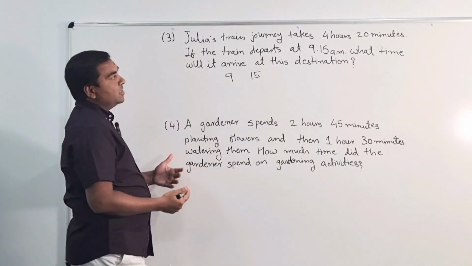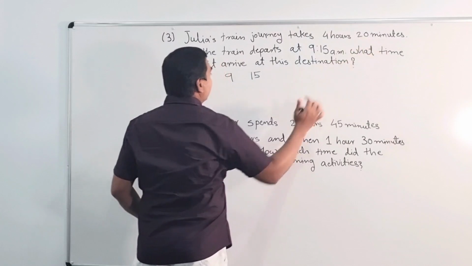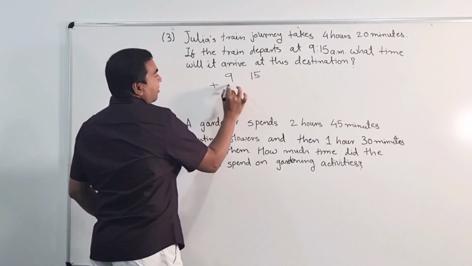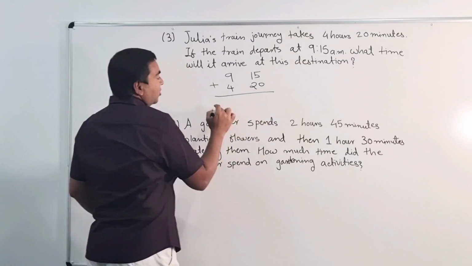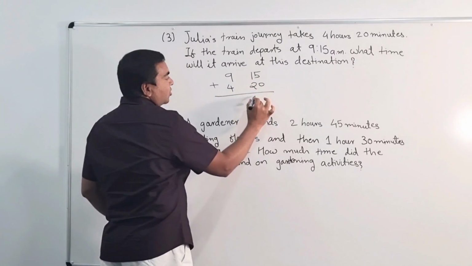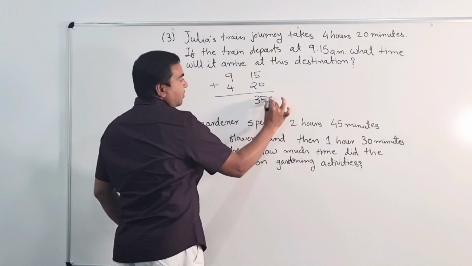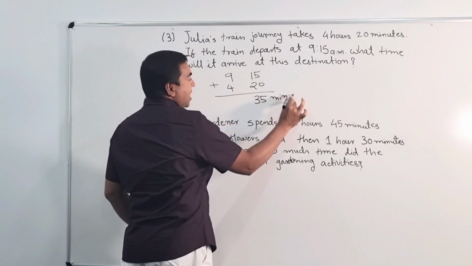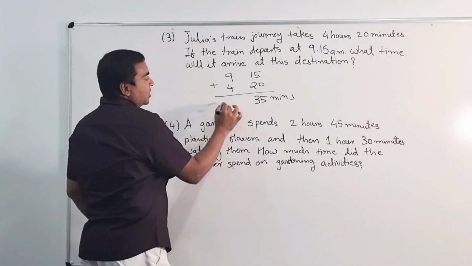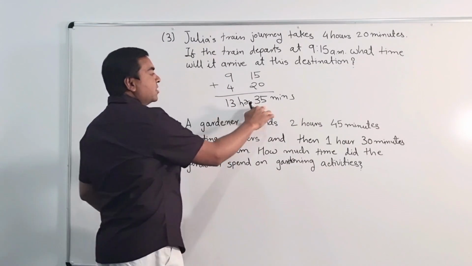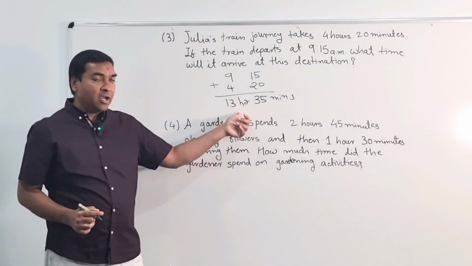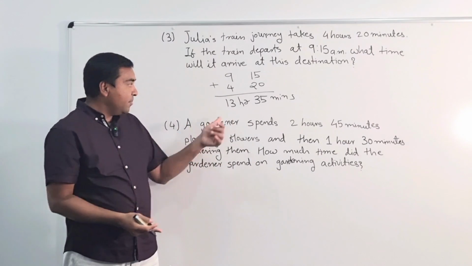Now, how much time does it take? 4 hours and 20 minutes. I can just add that time of the journey. So 15 plus 20 is 35 minutes, and 9 plus 4 is 13 hours. So we can see 13 hours and 35 minutes, that's in 24-hour clock time.